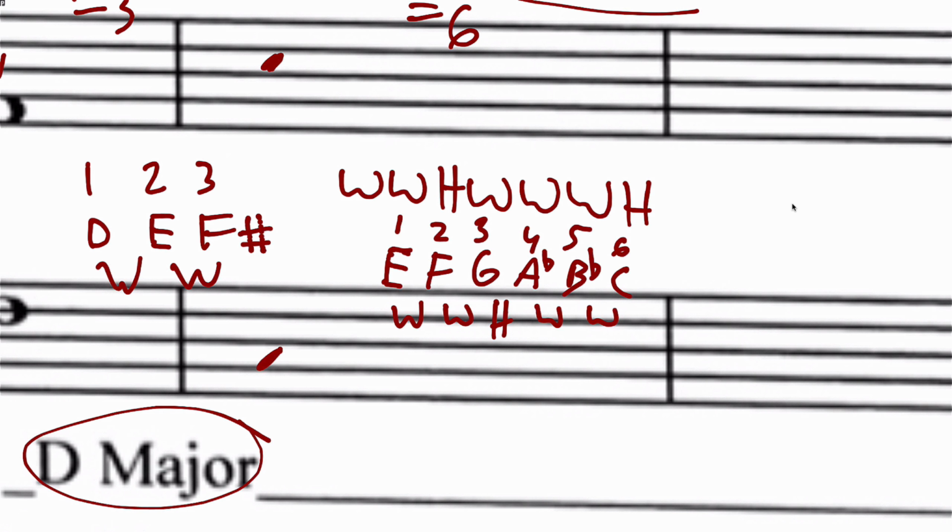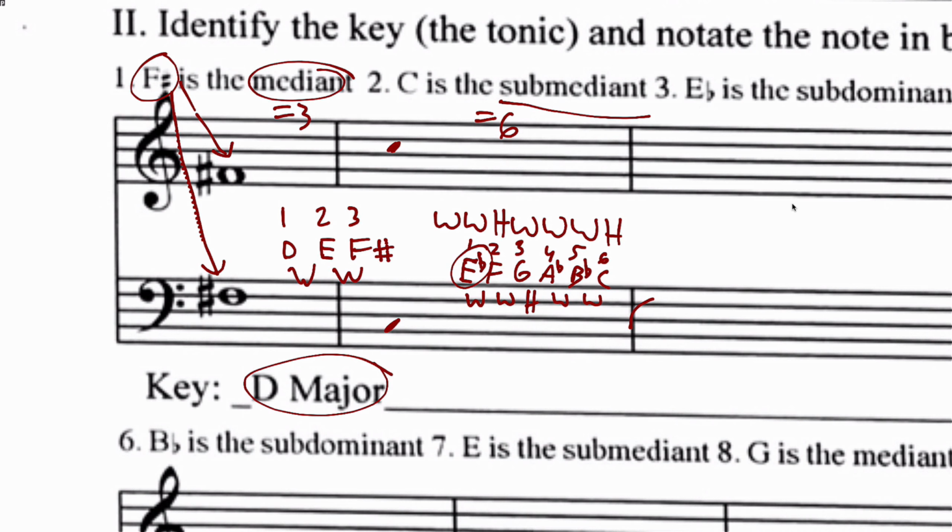Then a half step below that is a G. Whole step below that is F, and then the whole step below F is actually an E flat. So my tonic then, my key is E flat major.